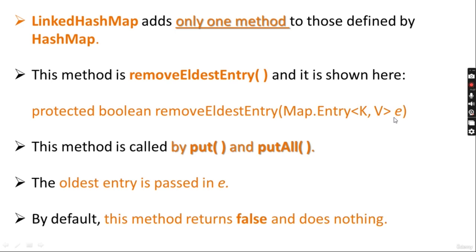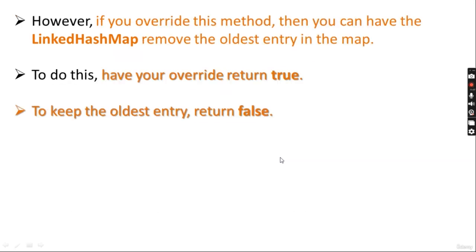This is called by the put method and putAll method. If you override this method, then you can have the LinkedHashMap remove the oldest entry in the map, the eldest entry. If you want to remove the oldest entry, have your override return true.